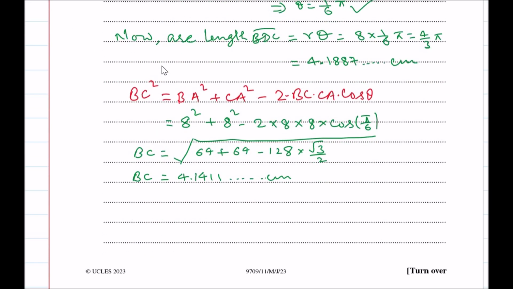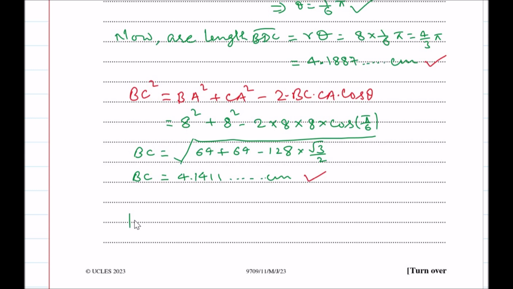Okay. So we got this. Now we are ready with arc length and side BC. So we just need to add them to get the perimeter of the segment.